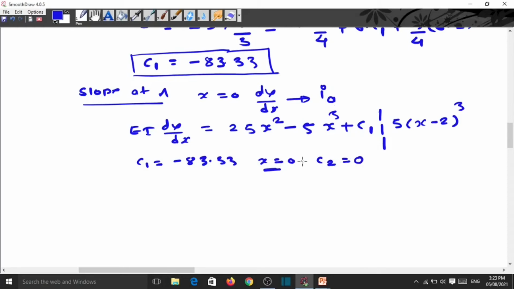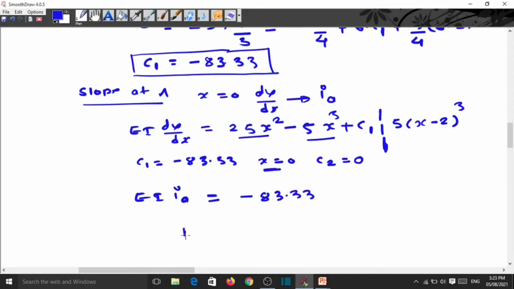So x equal to 0 means this limit is up to the section. When you put this, EI theta A is equal to, x equal to 0 means this quantity and this quantity become 0. So c1 is equal to minus 83.33.